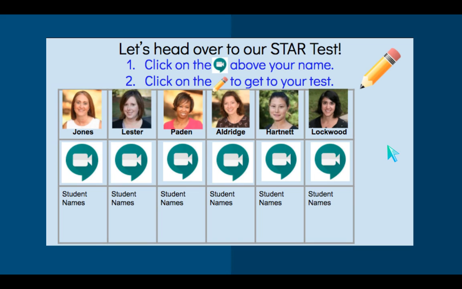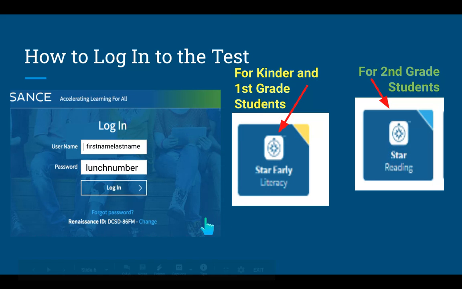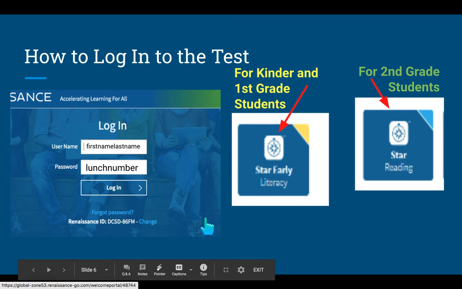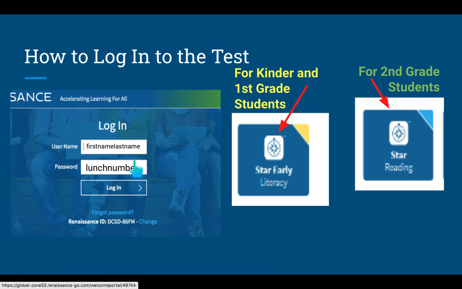page from Renaissance Testing. Once they get to that page, this is where we're going to need your help. Your child is going to need some help in entering his or her first name and last name, all one word, lowercase, no spaces. And this needs to be the first legal name. So for example, my son goes by Liam, but his legal name is William.